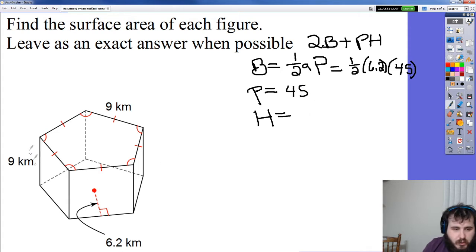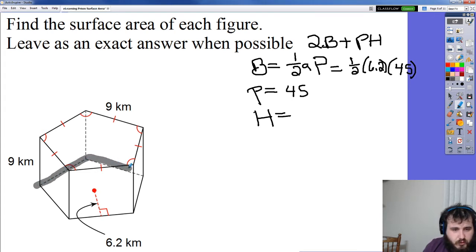And then my height. When we're doing this, the important thing is to identify where the bases are. Whenever you have a prism that looks weird and you're having trouble identifying the bases, set it down straight, standing up so that it's sitting on its base.